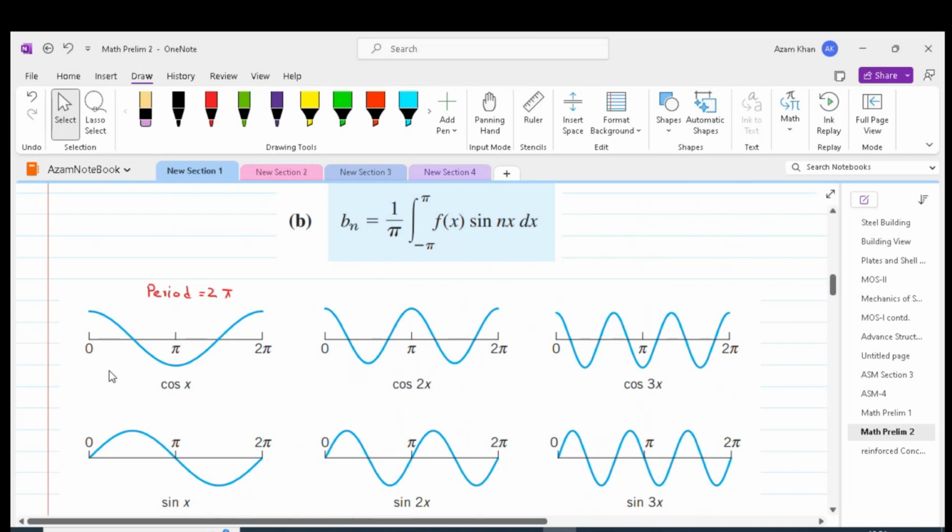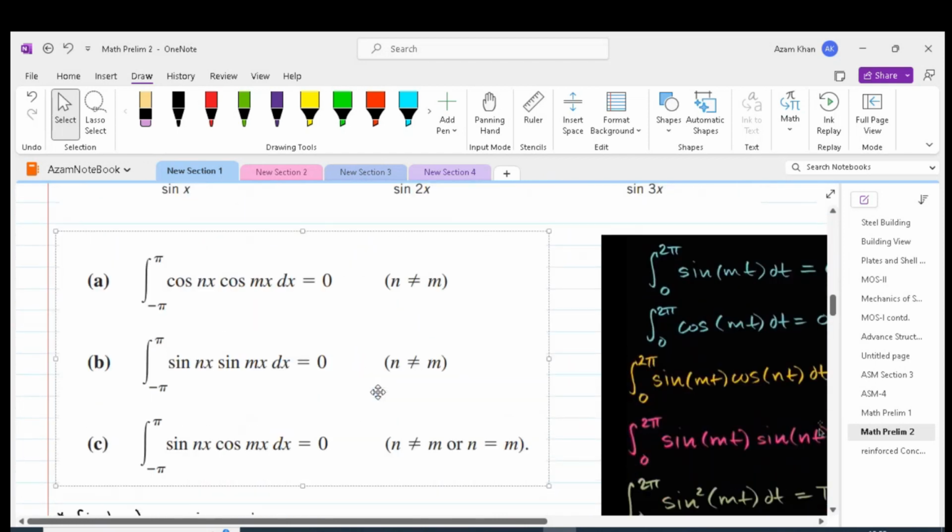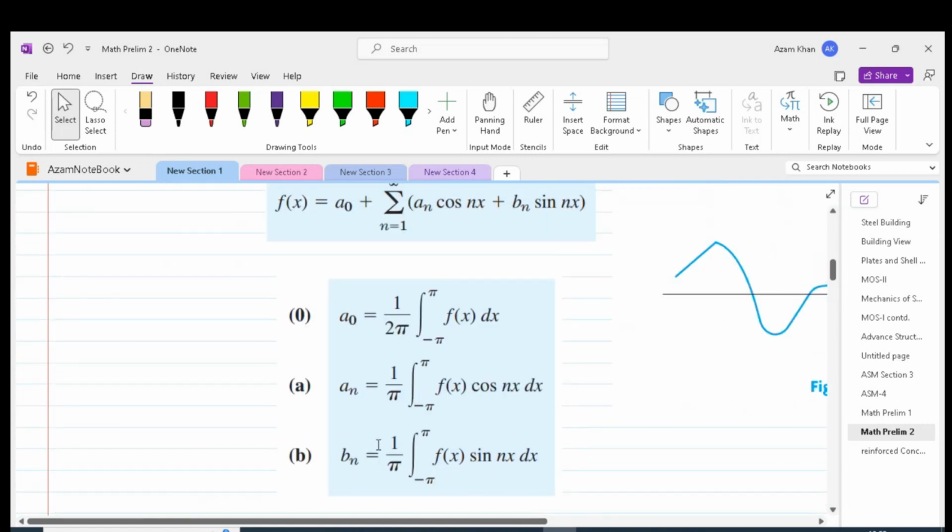Sine and cosine functions considered in the Fourier series have the period 2 pi. It is because of this reason that these orthogonality integrals are taken between minus pi and plus pi, or between 0 and 2 pi. We'll now try to derive the first term of the Fourier series.